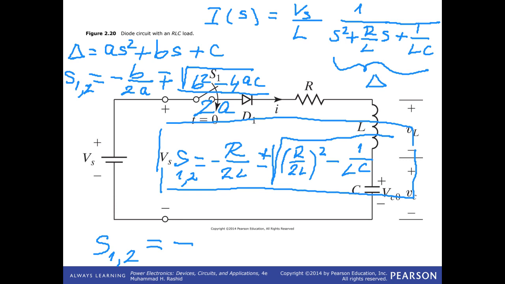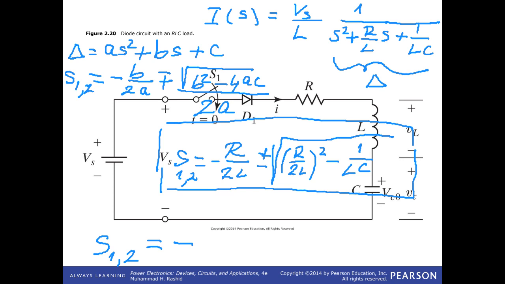Since the 2 is outside, when you put it inside the square root, that 2 is going to be 4. Don't forget that. You can do that. All right. Thank you for following the material.